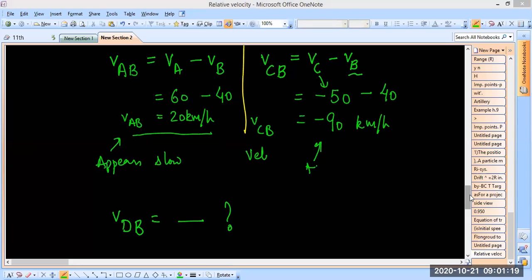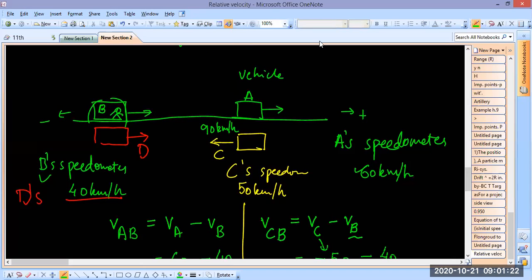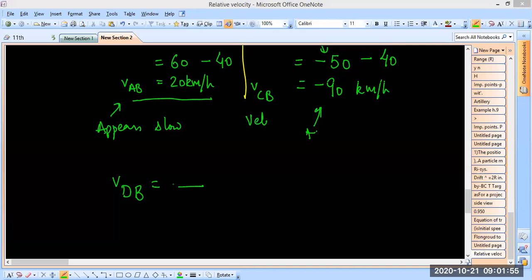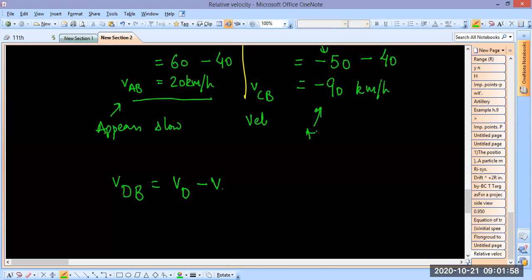Let me show you the diagram here. Very few people gave the answer. Why? This was quite intuitive. Never mind. Maybe you are calculating. VD minus VB, right?